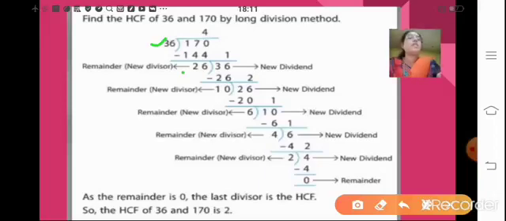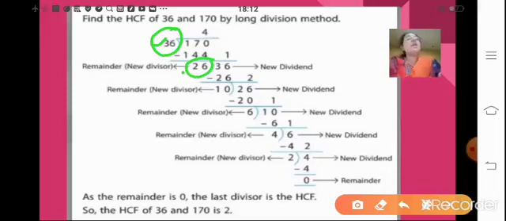The remainder 26 will become your divisor and this 36, the first divisor, will become your new dividend. Correct? So now again divide it. 26 1s are 26. Now 36 minus 26 will give you 10. Now this remainder 10 will become your divisor and this 26 will become your new dividend.